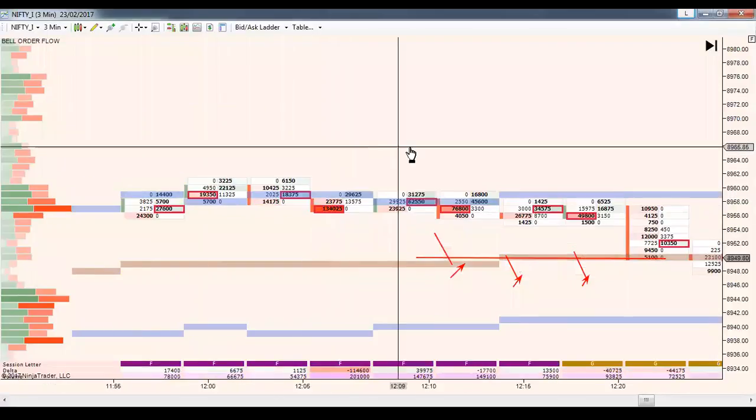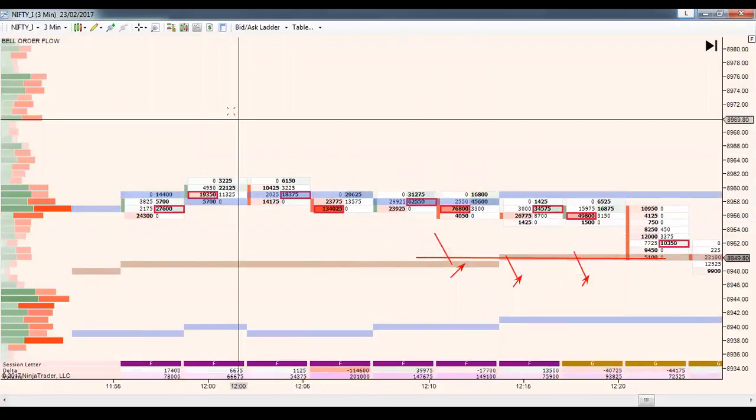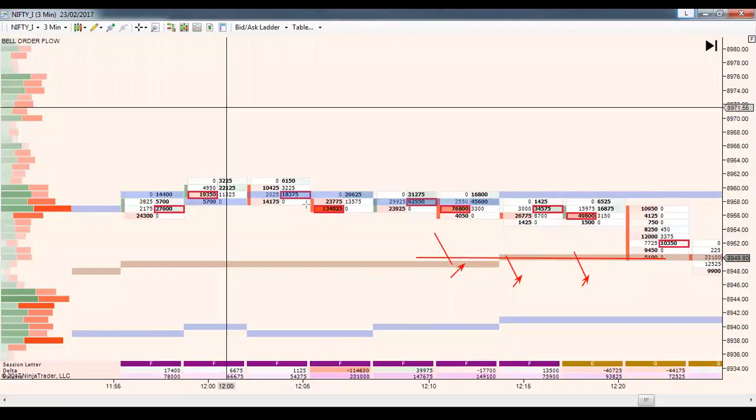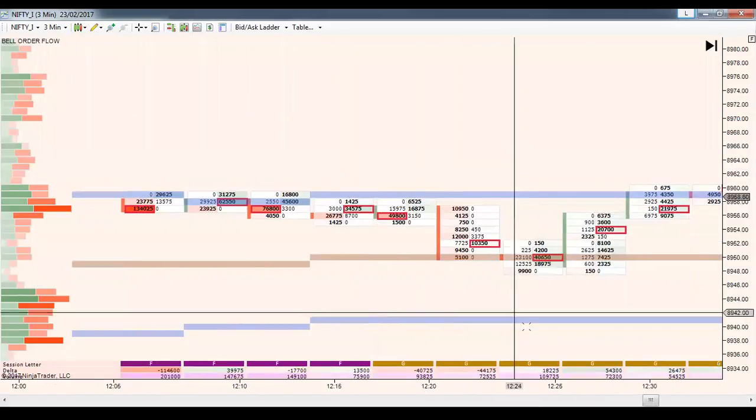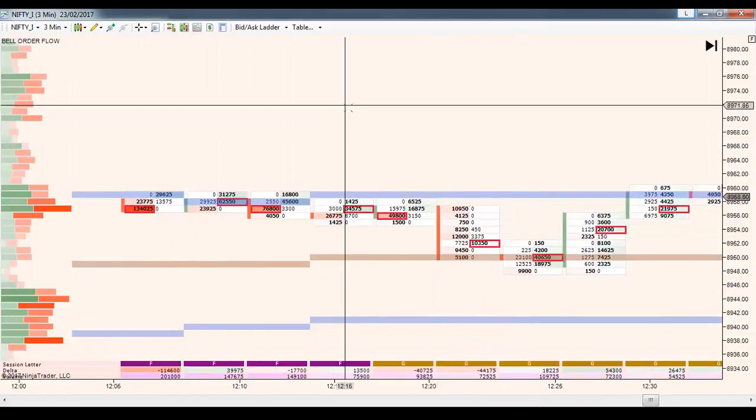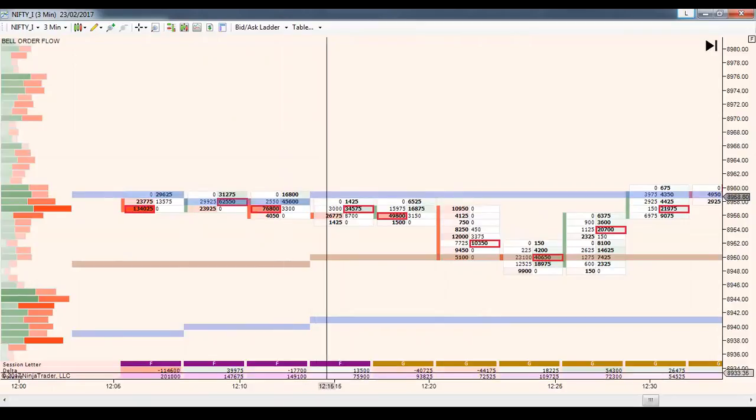Also, you can see these big heavy selling numbers here, and such heavy selling not able to push the prices below the VWAP is another sign that sellers are losing control. So that was the first question.